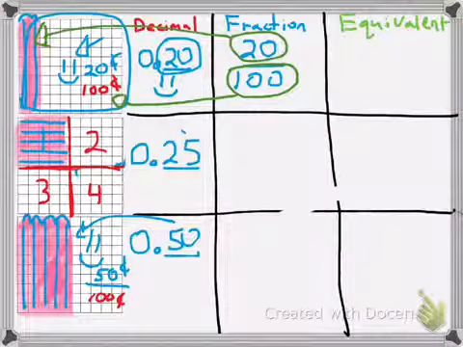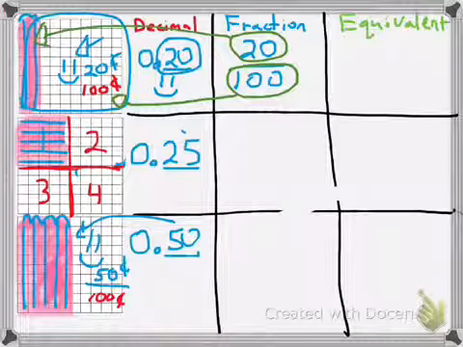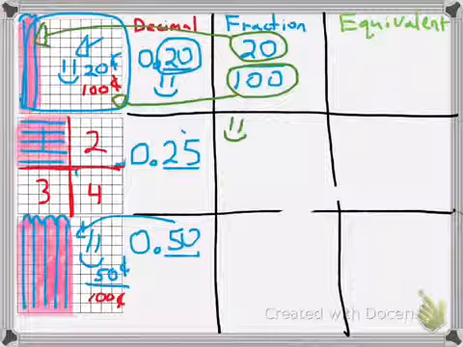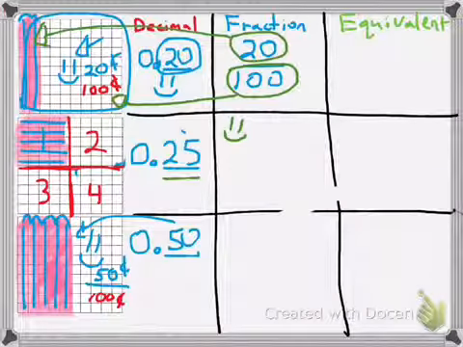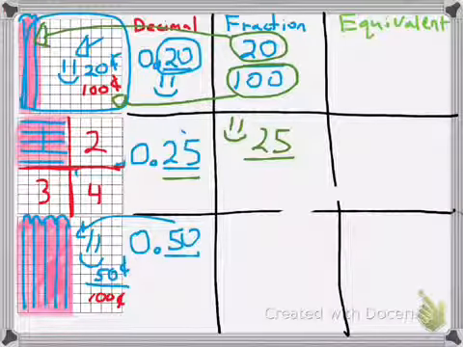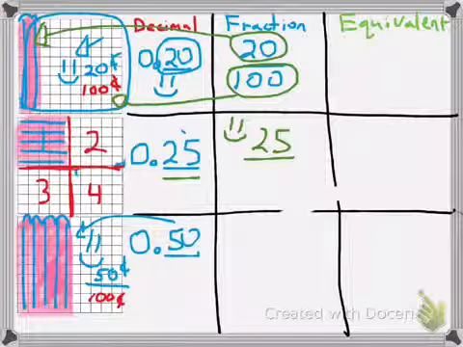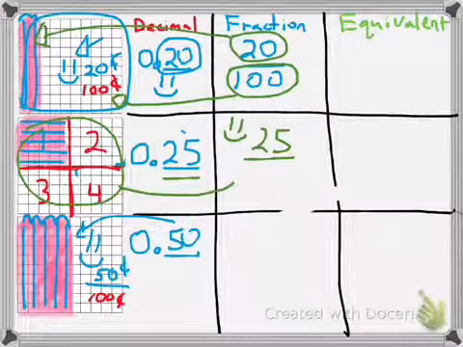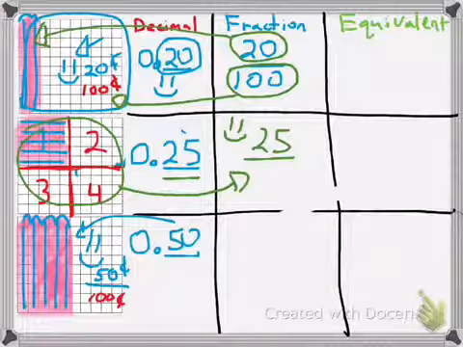Now, if we go to our next 100 grid down here, where we have a quarter, we know that we have 25 squares that are shaded in, or you can say that we have 25 cents. And we know that in our whole, which is going to give us the denominator, we have 100 squares.